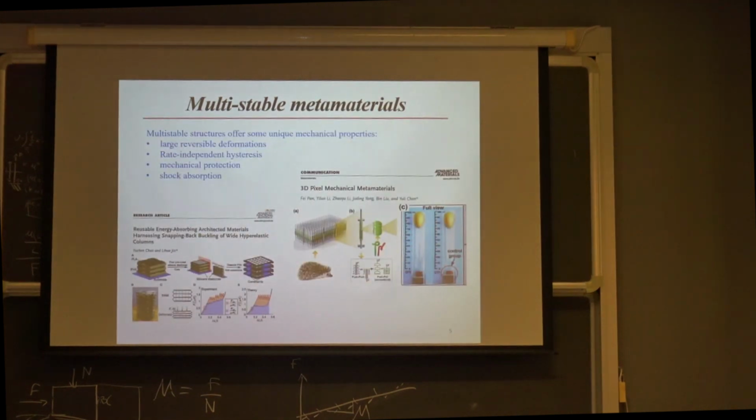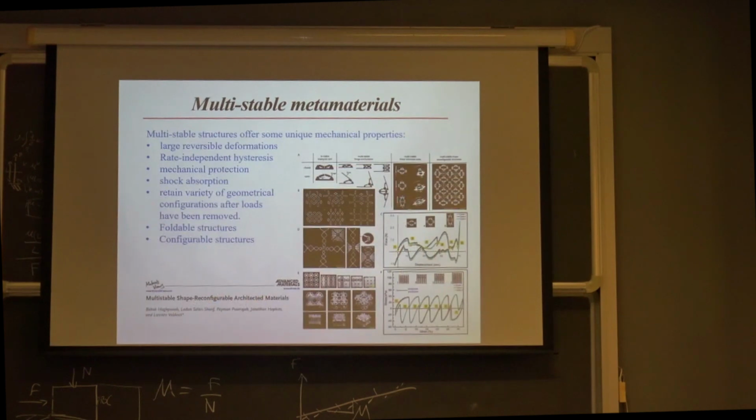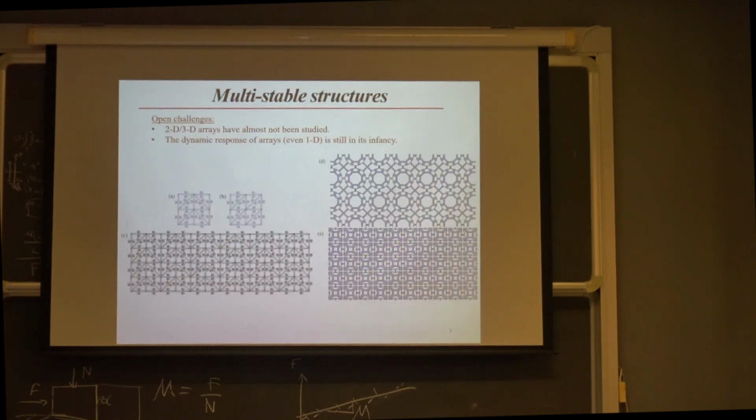Multistable metamaterials have unique mechanical properties such as shock absorption, mechanical protection, large reversible deformation, the ability to retain a variety of geometrical configurations after the load has been removed, and even foldable structures. Those are small examples of that. But there are still open challenges in 2D and 3D arrays that have almost never been studied, and even the dynamic response of 1D is still in its infancy.